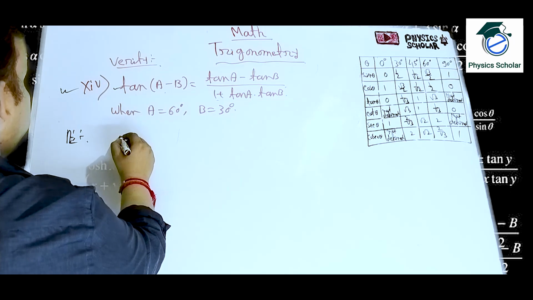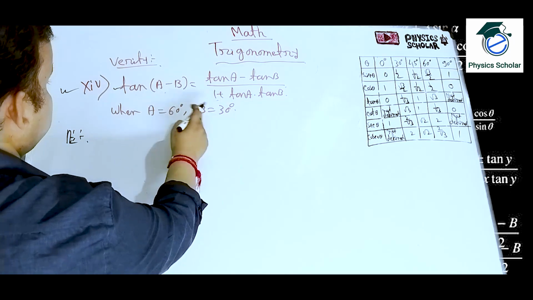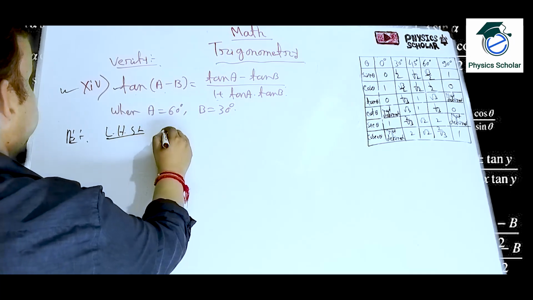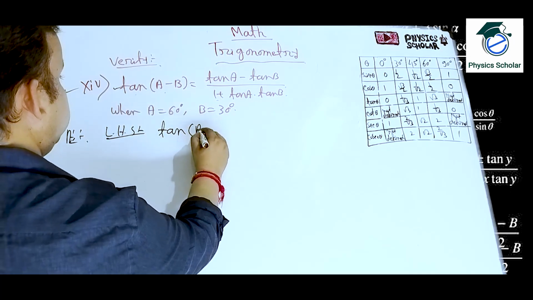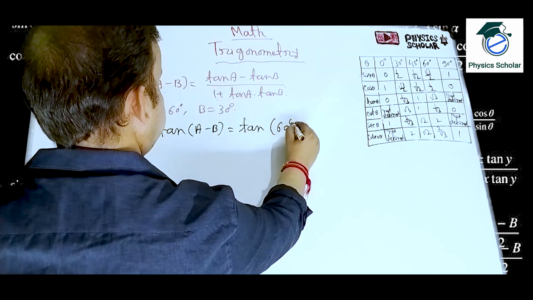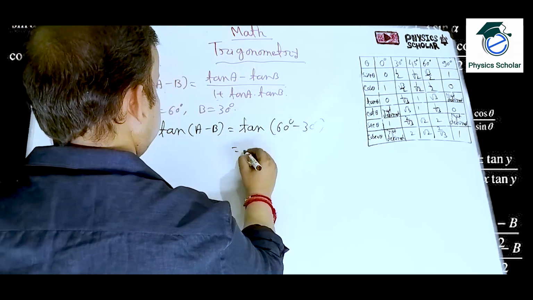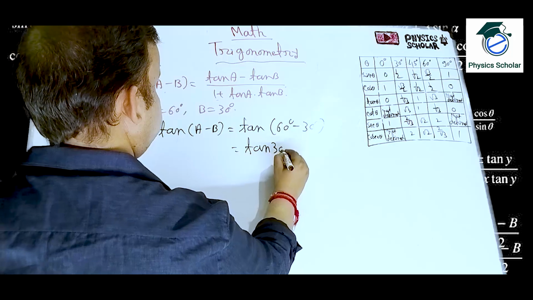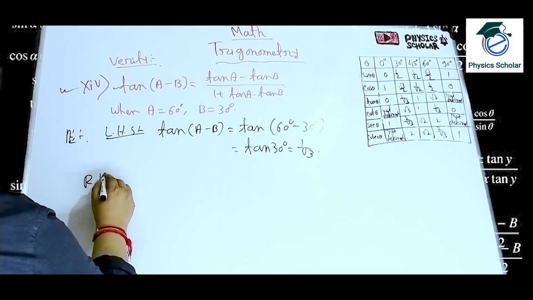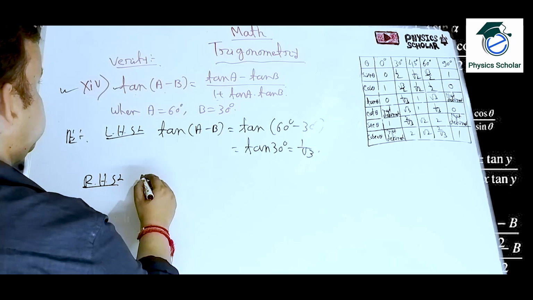So now here also the same a and b is given. So left hand side is what? Tan of a minus b is equal to tan of 60 degree minus 30 degree, is equal to tan of 30 degree, is equal to 1 by root 3. So right hand side is what?